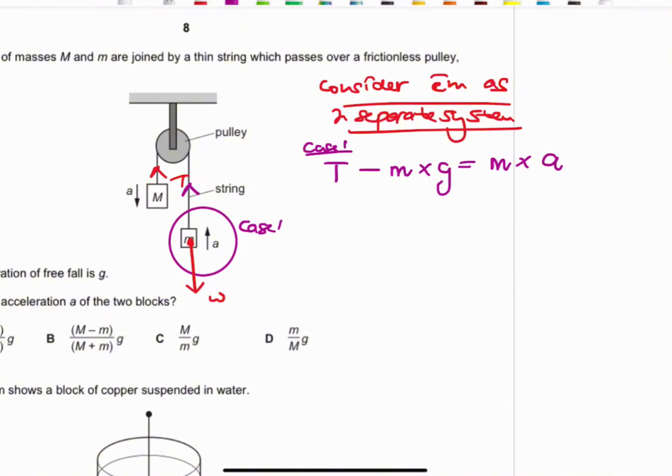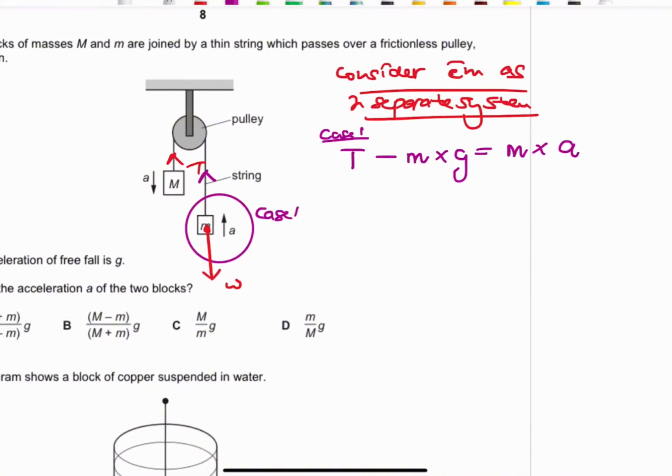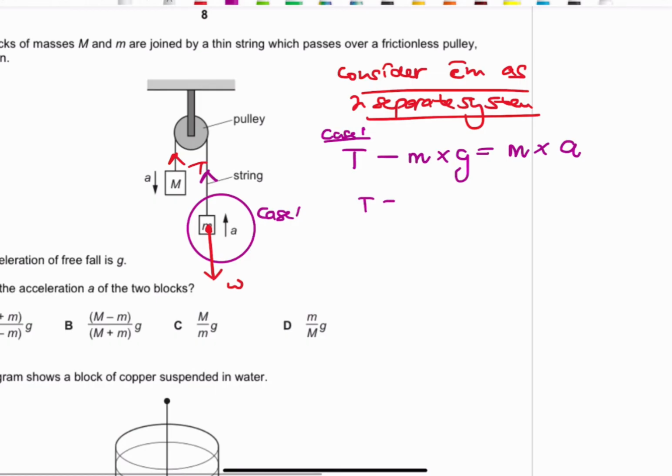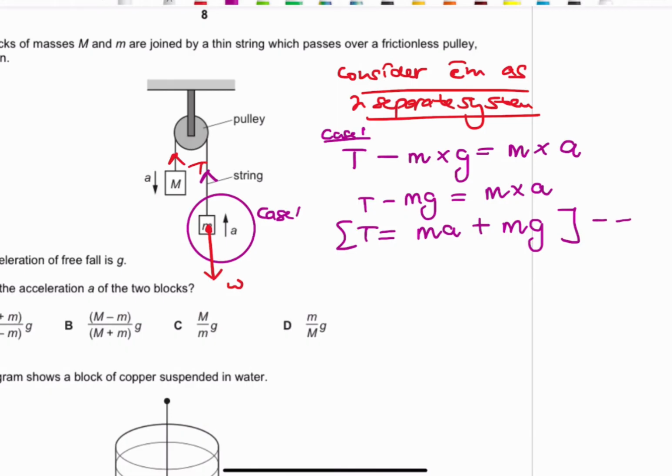What I want to find is the acceleration of these two blocks. So T minus mg should be equivalent to my mass multiplied by my acceleration. So my value of T should actually be my mass times acceleration plus m multiplied by g. This is my equation 1.